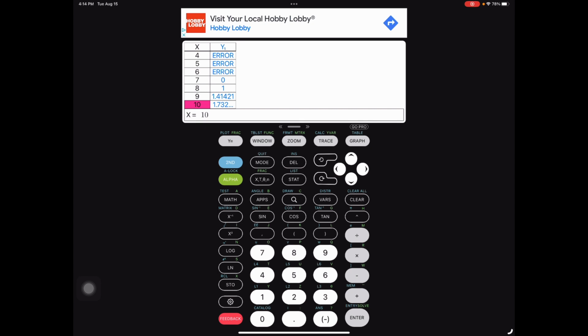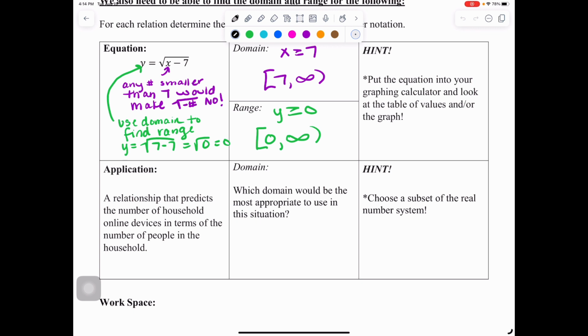So let's get that into our notes so that we have it as a reference. So we're just going to take a few rows from the table. We're going to look at x and y1. And we had 6 with an error. So we know that doesn't count. Even think about it, 6 minus 7 would be negative 1. Can't have the square root of a negative. But then we run into 7 with 0.